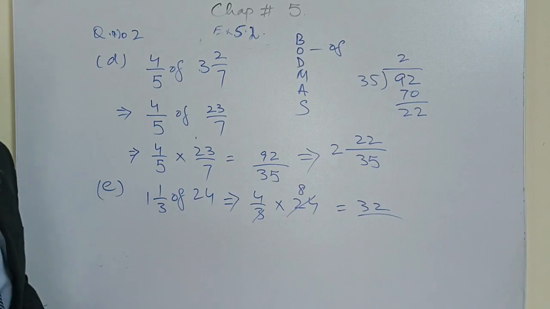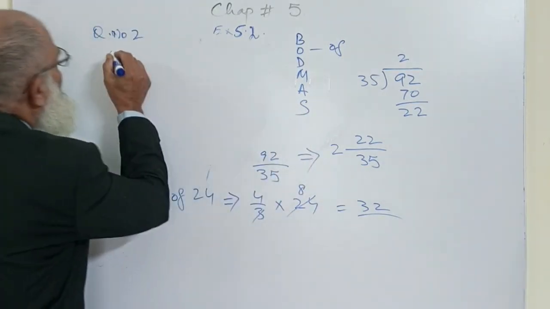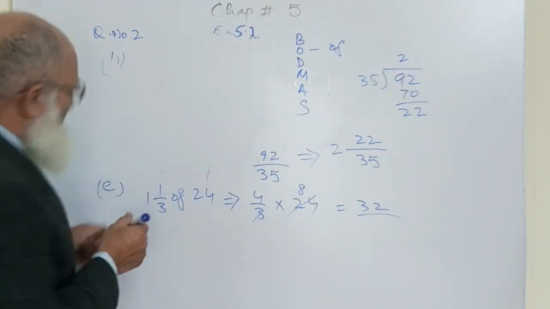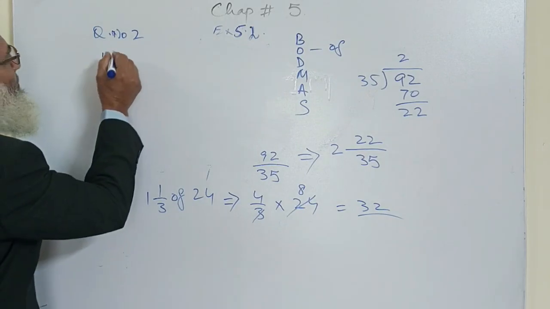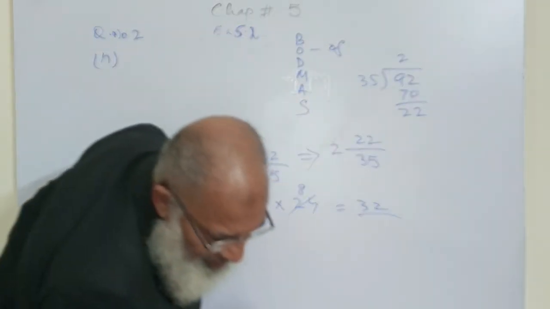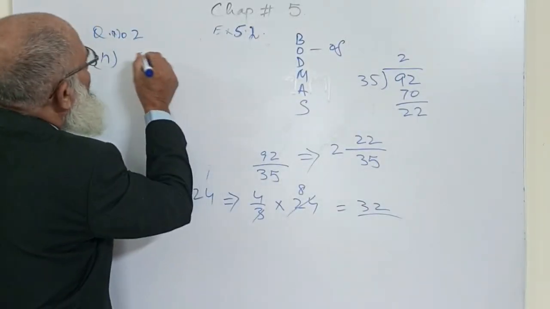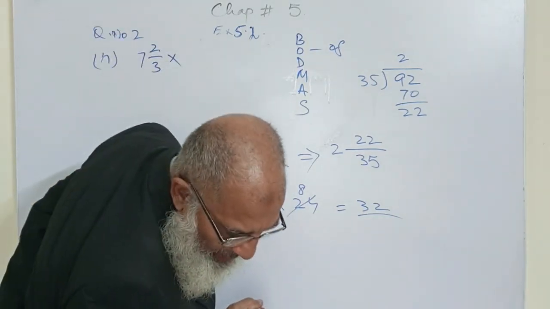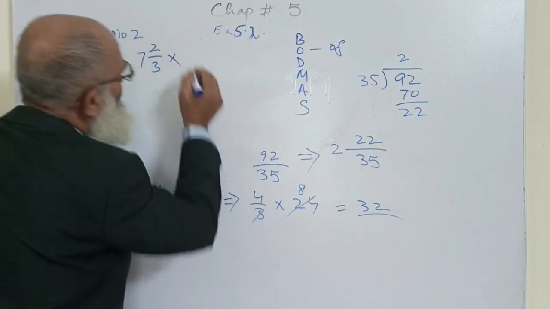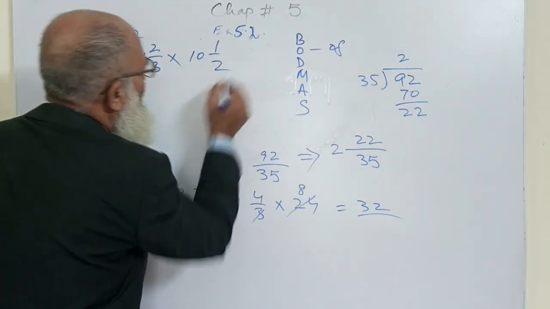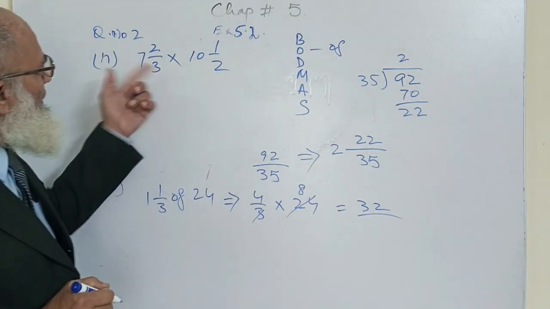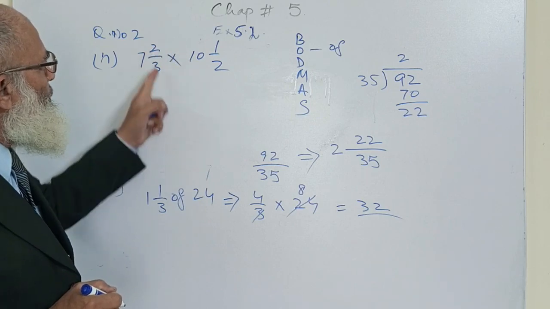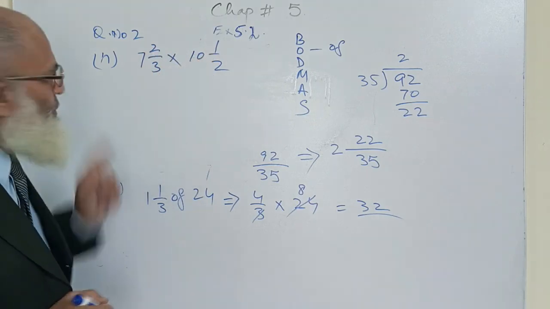Last question. One more question and then we'll be signing off. H is 7 2/3 multiplied by 10 1/2, 10 and a half. Now this is 7 whole 2 upon 3, 10 whole 1 upon 2.